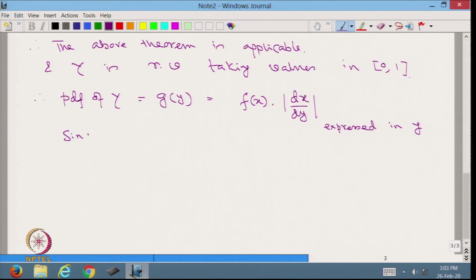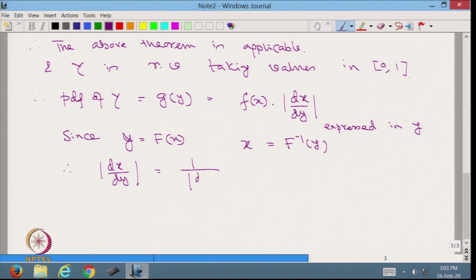Since y is equal to F x, x is equal to F inverse of y. Therefore, modulus of dx dy is equal to 1 upon modulus of dy dx is equal to f x.